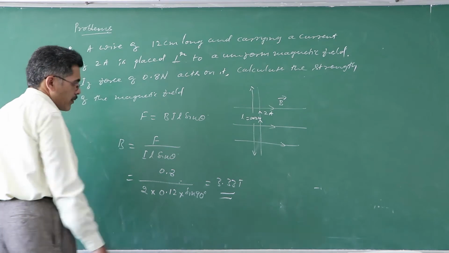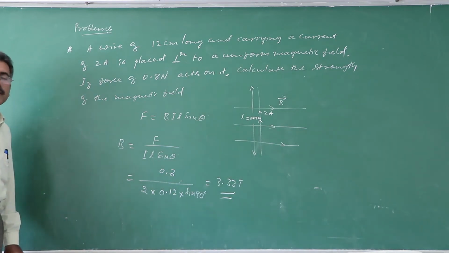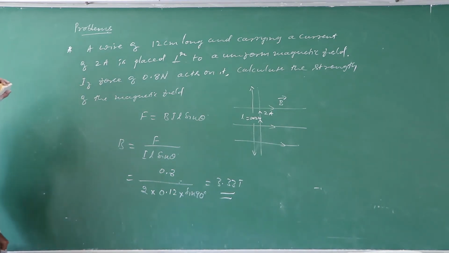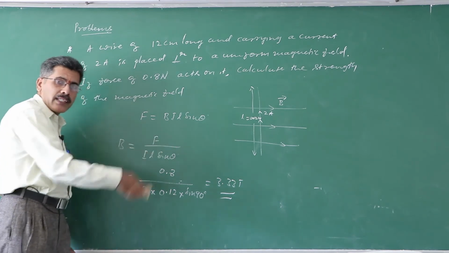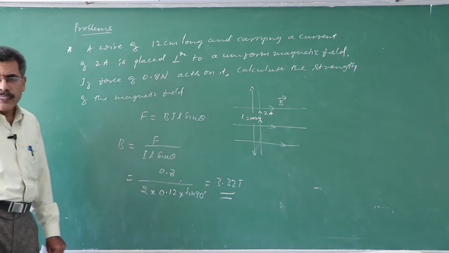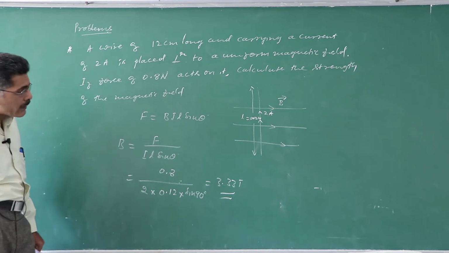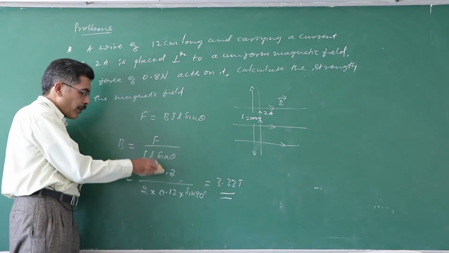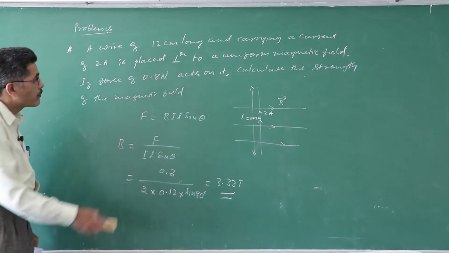The magnetic field in which the current carrying conductor is kept is 3.33 Tesla. It exerts a force of 0.8 Newton. Okay.